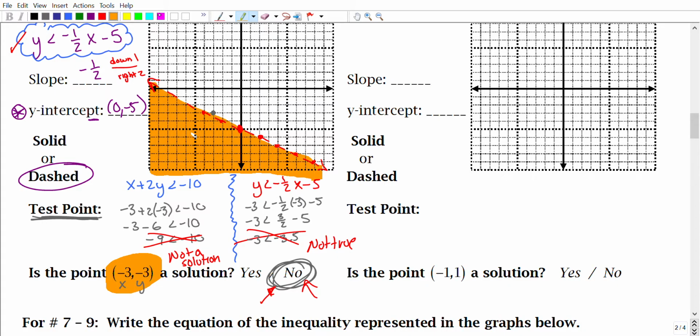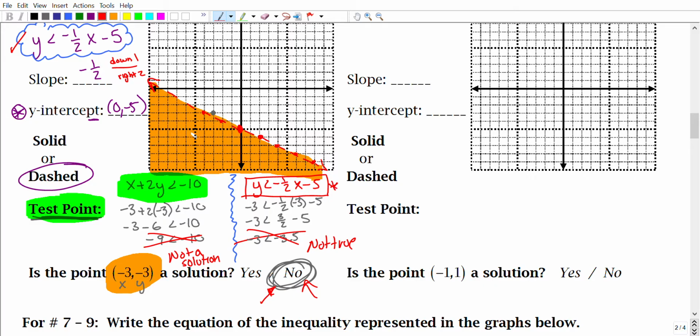Last thing I want to tell you guys here is try to always use the original inequality for your test point. Okay, so when you're testing out to see if a point actually works, use your original inequality. The reason I say that is because if you use this new one that you just found, the rewritten inequality, you might have made an error as you were finding this new inequality.